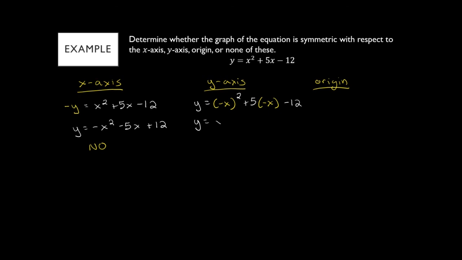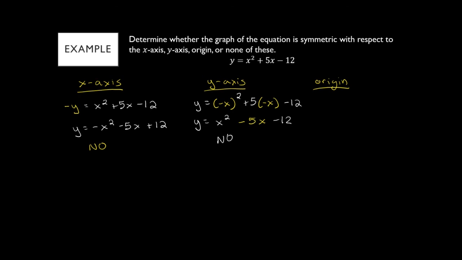You square a negative x, you end up with an x squared. 5 times negative x will give us a negative 5x, and then a minus 12. And then we are almost the same, but not quite, because of that negative 5x. And so this is very similar to the previous example, where not everything canceled out. And so this means that there's no symmetry across the y-axis.